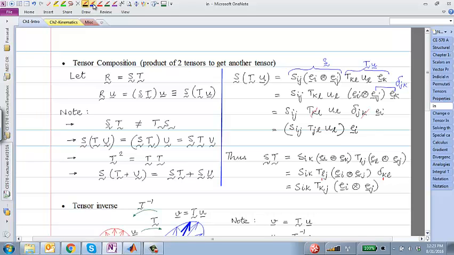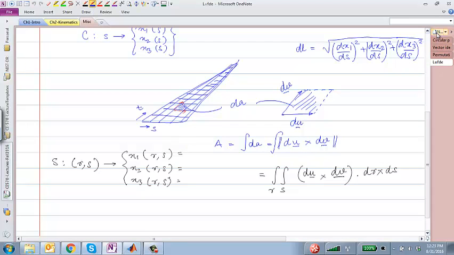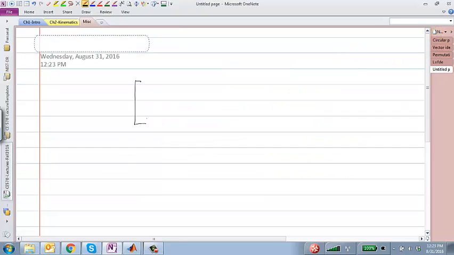The whole point was, can you think about what this operation is? What is S_ij T_jl? I'll leave you with a thought, and if you think about that, what you should have is a matrix S, a matrix T, and if I look at S_ij and T_jl, what we are really doing is a matrix multiplication of their components.